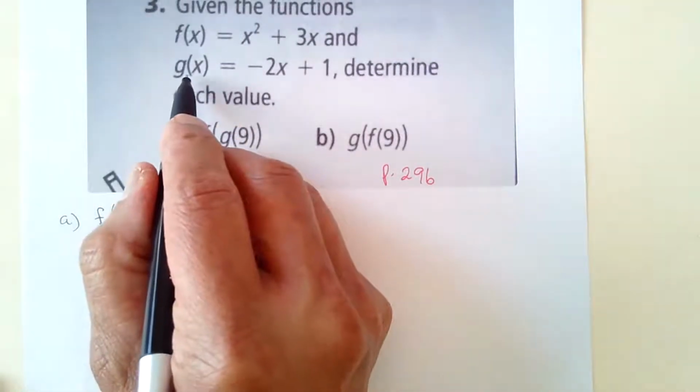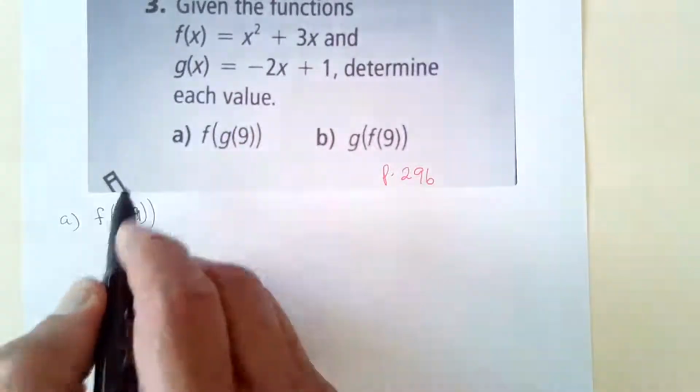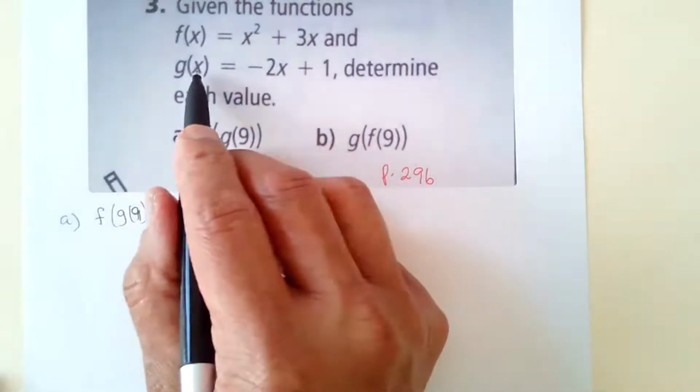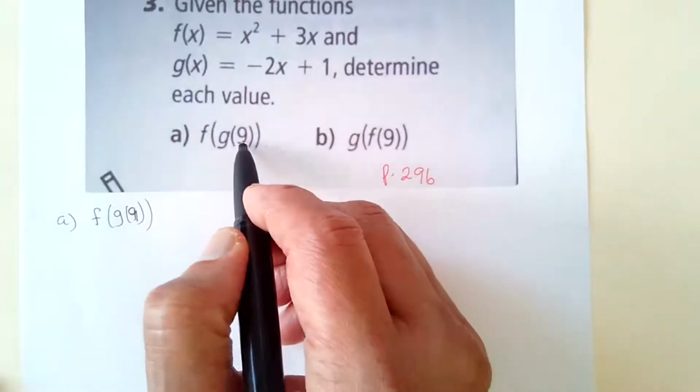So let's look at g of x. So we do the inside first, as we did earlier. So now the x value now it's 9.